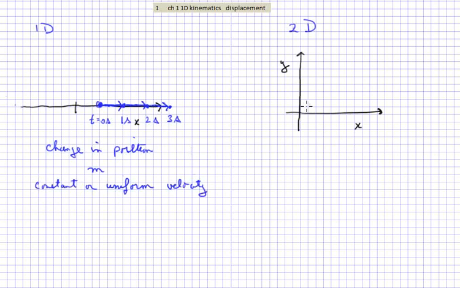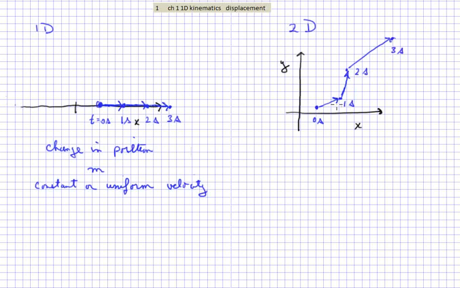Okay, in 2D it's very much the same. So again, I can take a person for this example, and I can maybe say that at time 0 seconds the person starts here, and then the person goes from there to here in the first 1 second interval with a displacement like this, and then perhaps the person goes from 1 second to 2 seconds, makes this displacement, and from 2 seconds to 3 seconds makes this displacement.